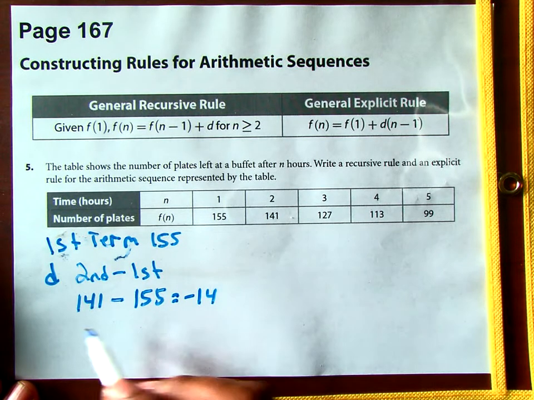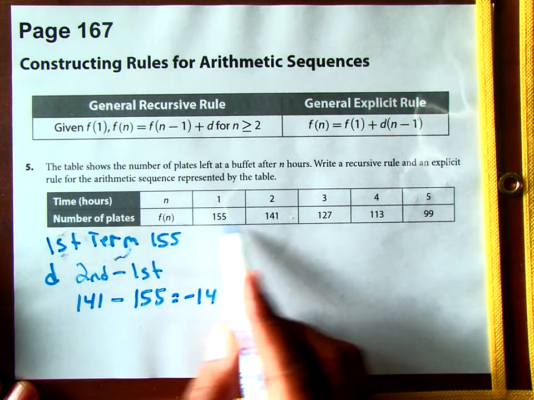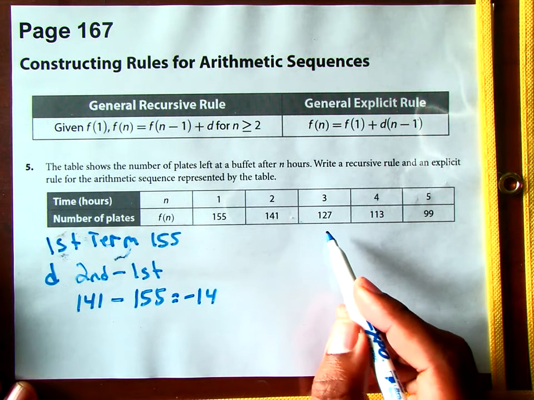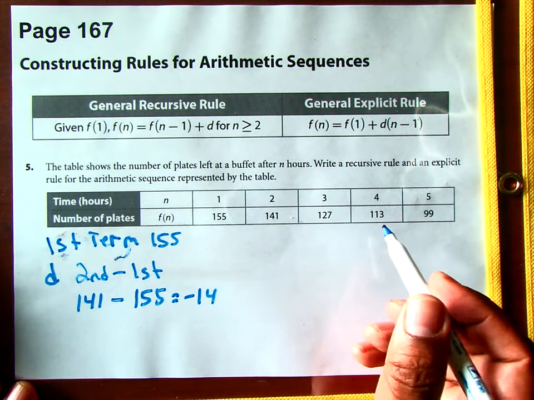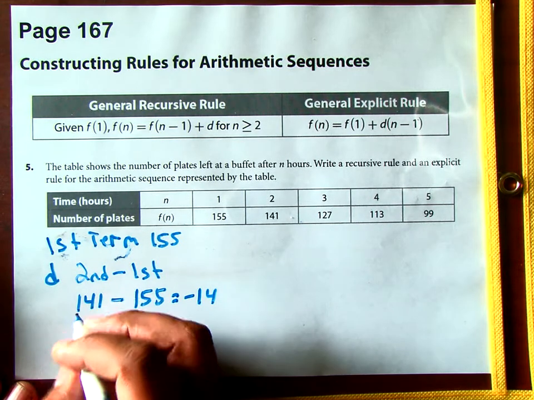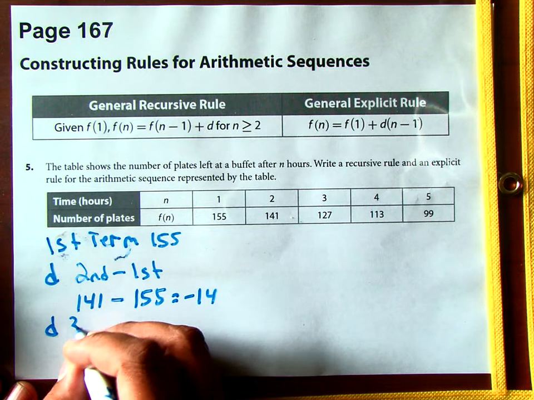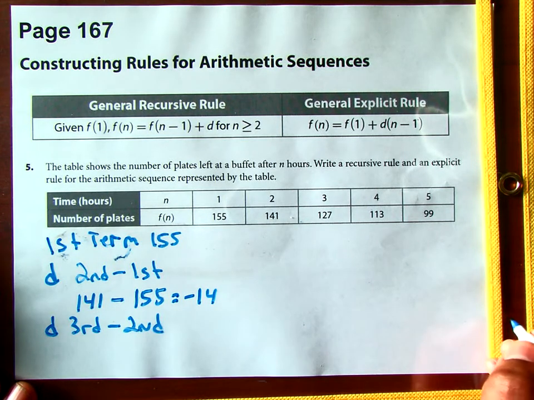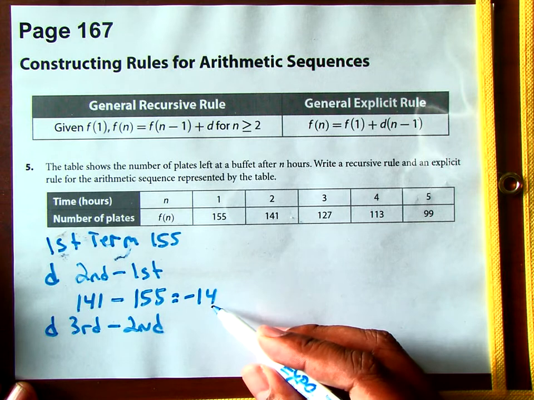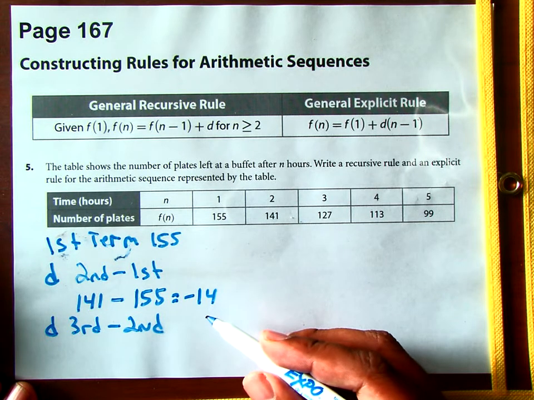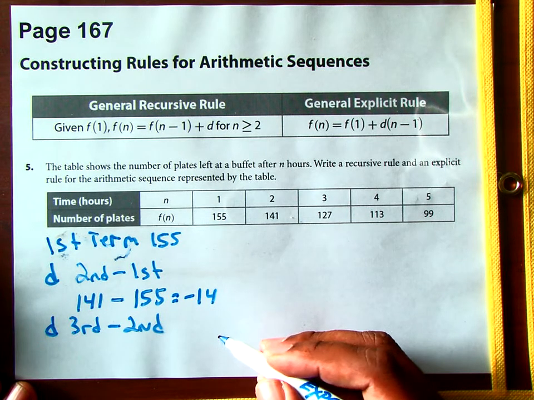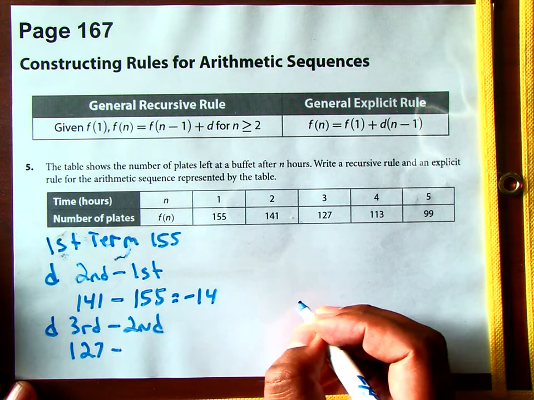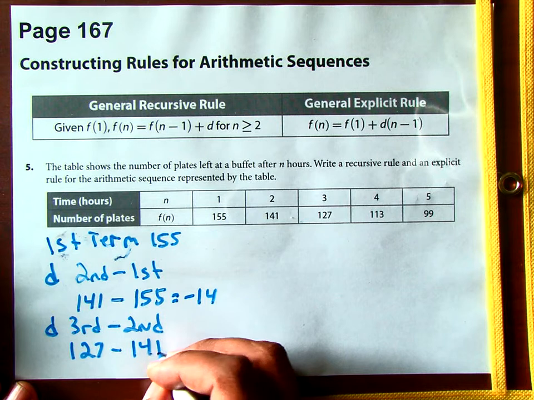Now, we have to make sure it's a common difference. The only way to see if it's common is if we go to the next set of terms and see if it's the same. So now I'm going to do the third minus the second, just to make sure it's still negative 14. So we're going to do 127 minus 141.